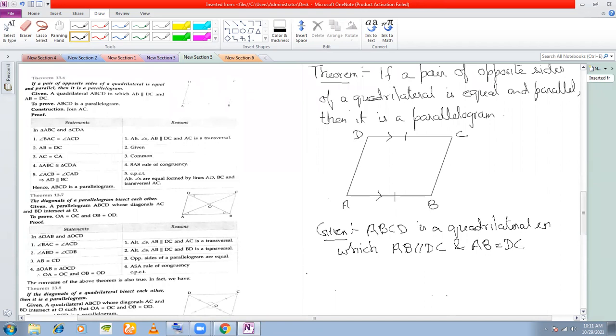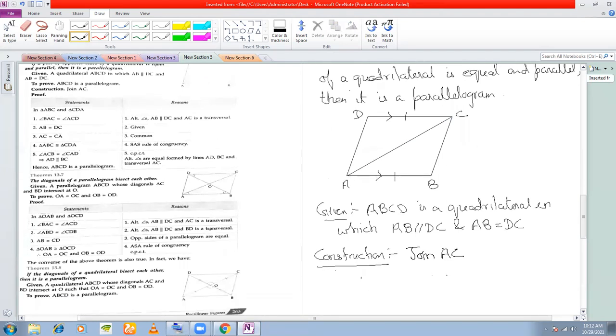Any construction we need to do? Yes, we need to join AC. You can join BD also, any one diagonal. So join AC. And what do you need to prove? You need to prove that ABCD is a parallelogram.